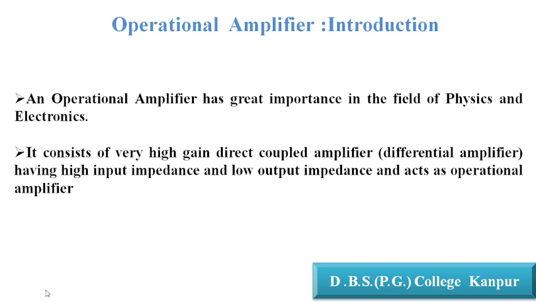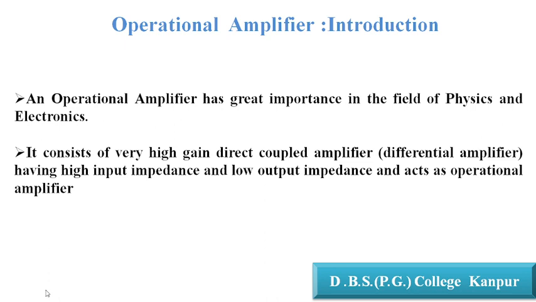The common emitter amplifier is mostly used for amplification of voltage, and the operational amplifier is packed in an IC as a differential amplifier. A differential amplifier means a device which amplifies the difference of signals. We will discuss this in the next lecture.